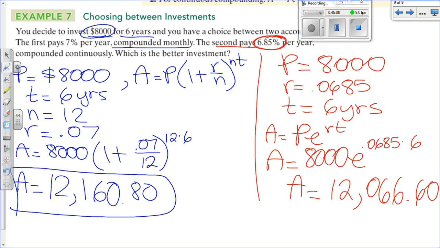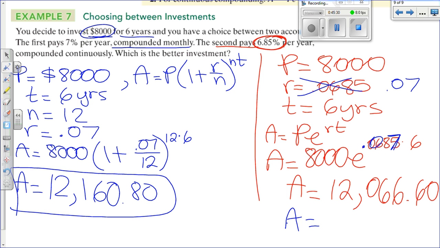But what if the interest rate was the same? Let's make the interest rate 0.07, or 7%. Right here, I want you guys to try the same problem, but with 0.07. It's way more. How much more? It's 12,175.70.